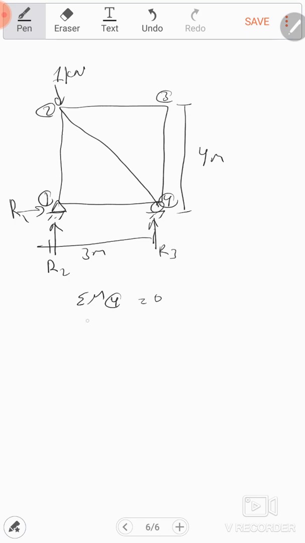R1 times 3 minus 1 times 3 equals 0. So R1 equals 3 over 3 equals 1. Sorry, this is R1. This is R2. R2 is equal to 0 because we don't have any horizontal force. We just have one force in the vertical direction.